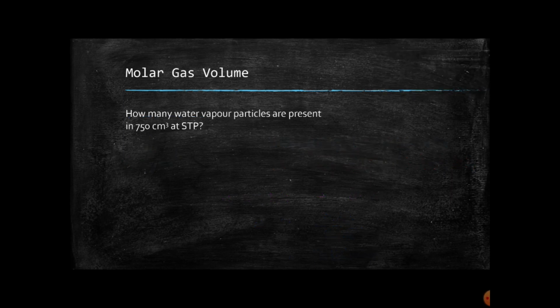That is it for those calculations. We have to first identify if it's at STP or RTP, and write our first statement using the appropriate volume: 22.4 at STP and 24 dm cubed at RTP. Let's say a question asks us to find the number of water vapor particles present in 750 centimeters cubed at STP.